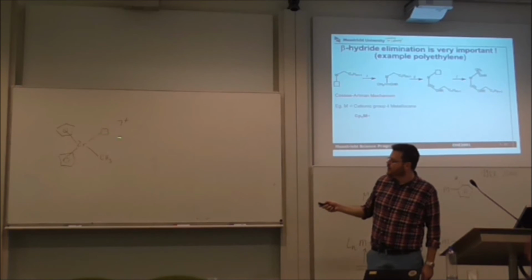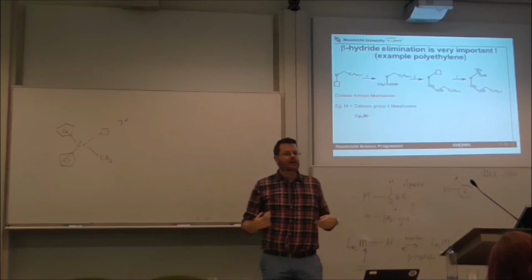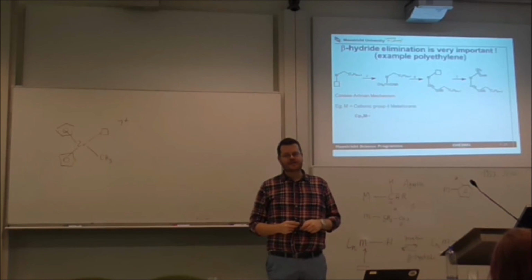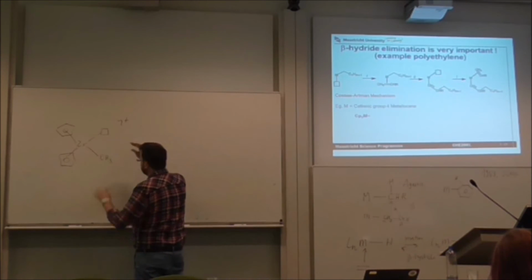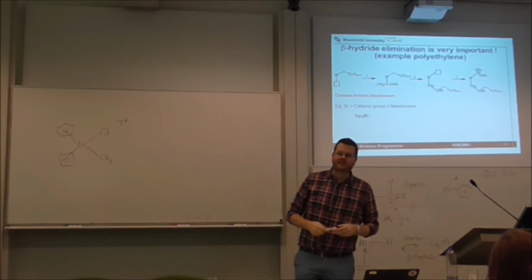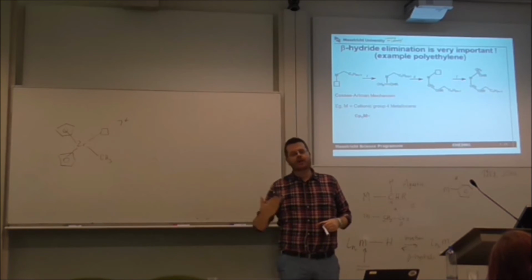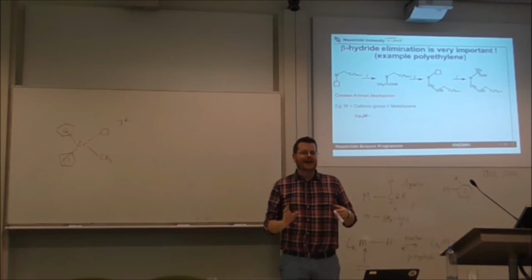And that little block there just means that there's a vacant coordination site. It's coordinatively unsaturated. Now, if I take this complex, which is the activated form of this metallocene polymerization catalyst, and I bubble ethylene through it, C2H4, lots of ethylene, what's going to happen?